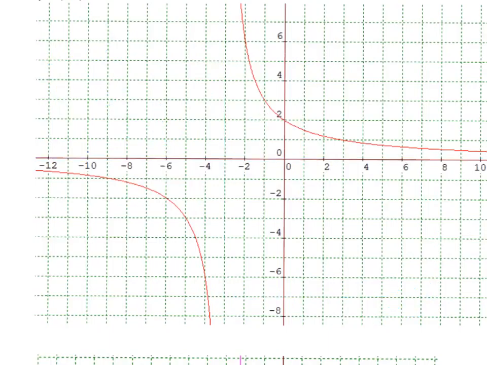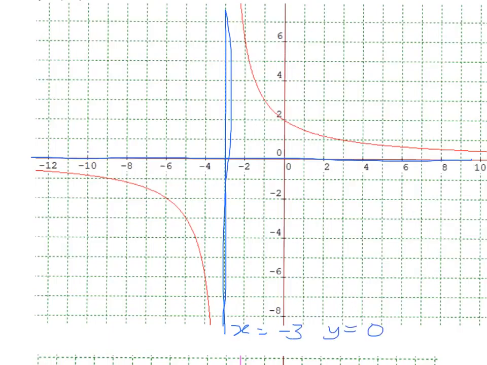I think we just did this one. Sorry, I've repeated myself here. Let's check. We've got our asymptote through here, and this was up here, at, on our x-axis, x equals -3 is the asymptote, and y equals 0.